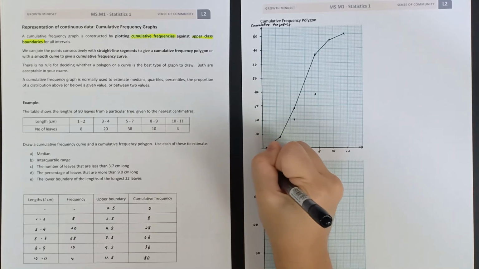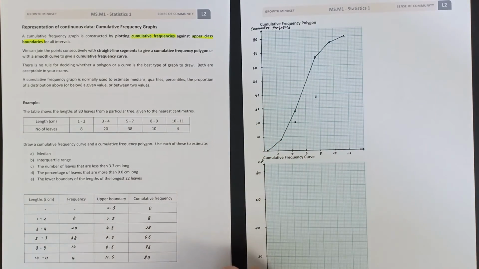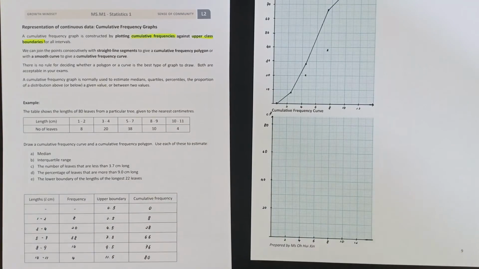Okay, same thing, cumulative frequency, I write CF here. Okay, then after that, same thing, try to plot it.